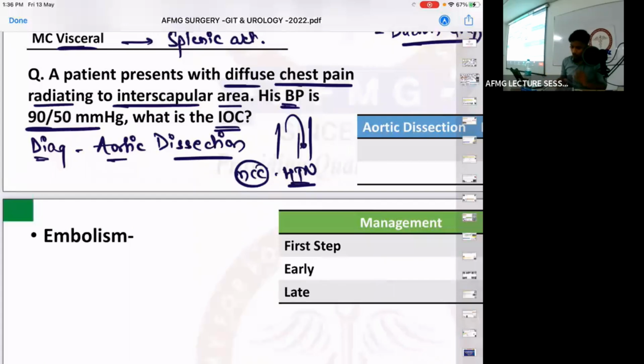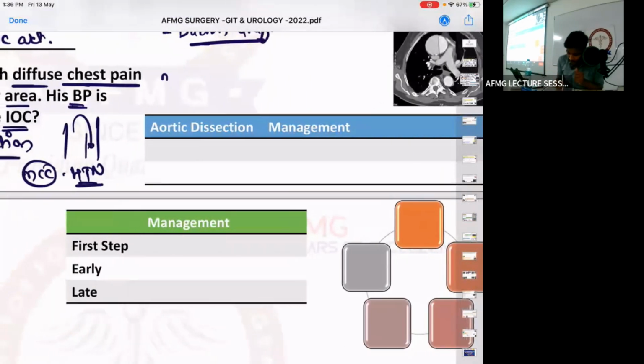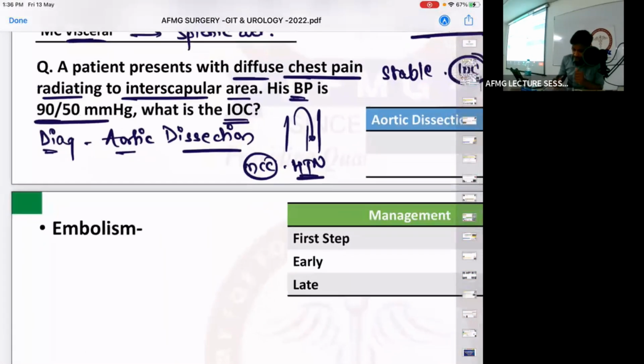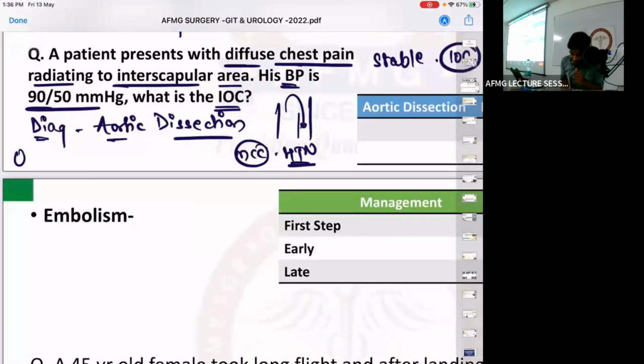Remember, if the patient comes to the emergency and is unstable, the investigation of choice would be transesophageal echo. If the patient is stable, then the investigation of choice is different.